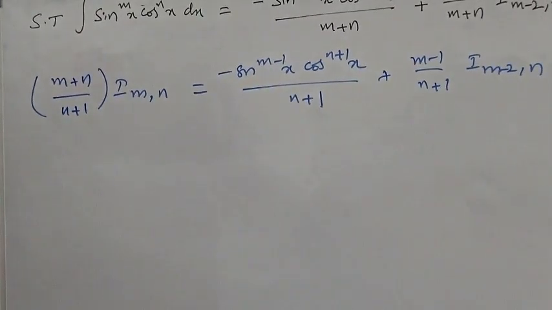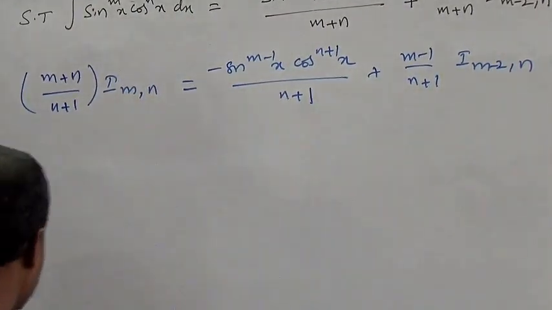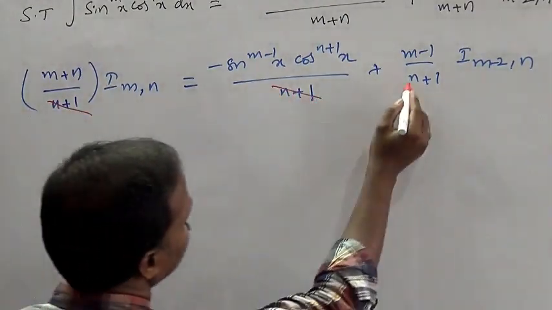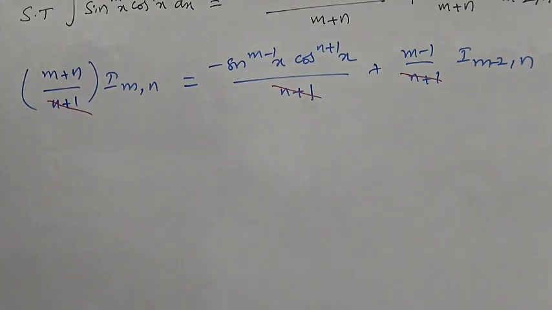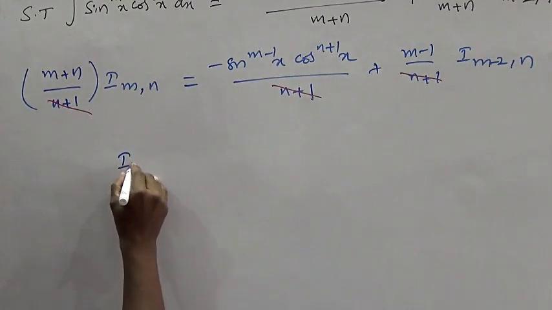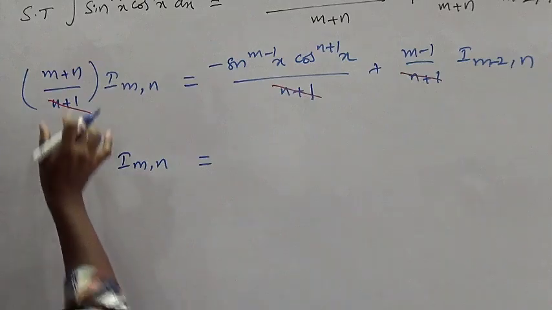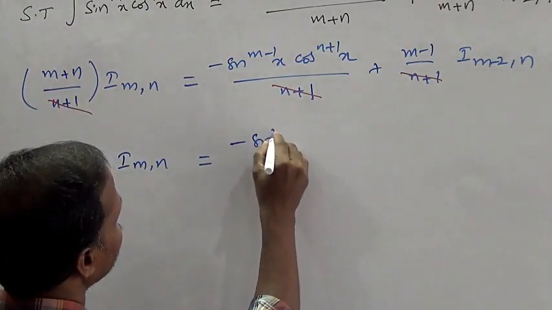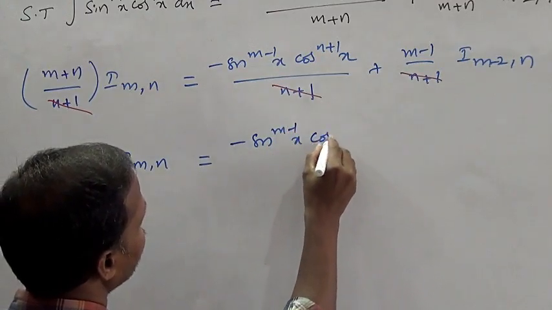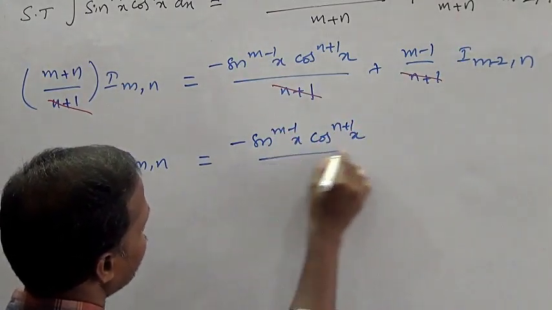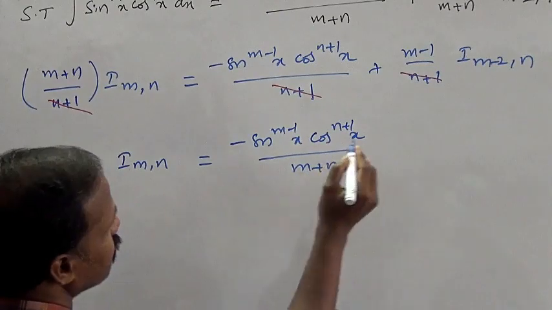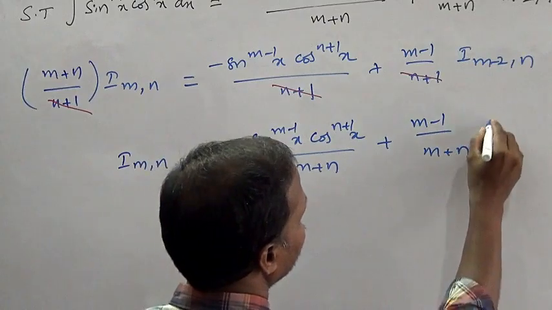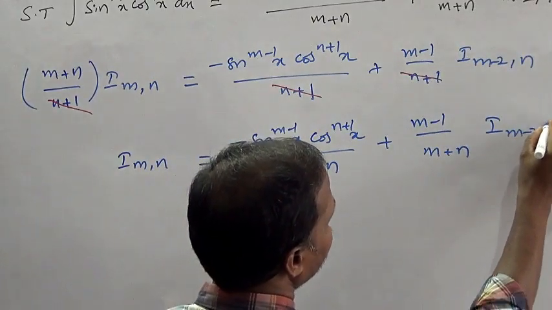Now in the denominator n plus 1 will be cancelled on both sides. So I(m, n) equal to, take this m plus n to the right side, minus sin power m minus 1 x cos power n plus 1 x by m plus n, plus m minus 1 by m plus n I(m minus 2, n).